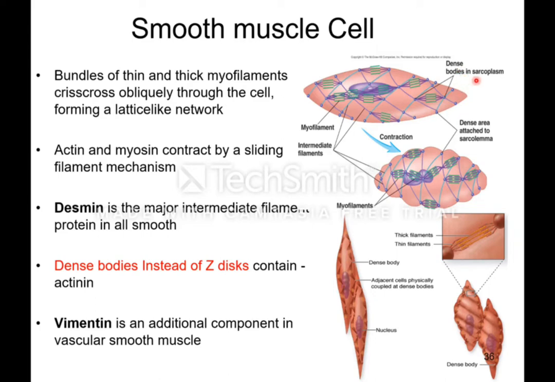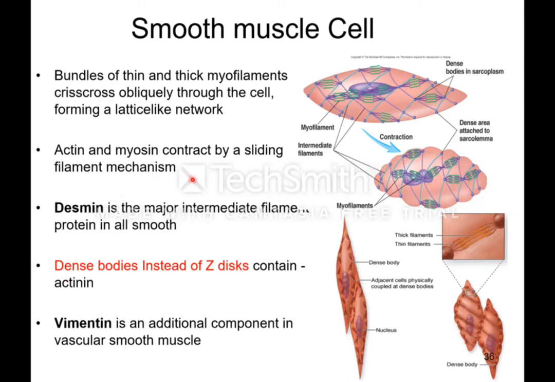Because the dense body is a location for the binding of the thin and thick filaments, some scientists believe that dense bodies, instead of Z-discs, contain alpha-actinin that binds the actin to these bodies.